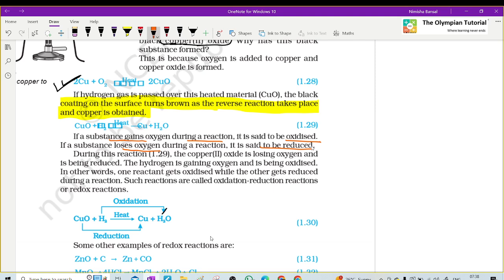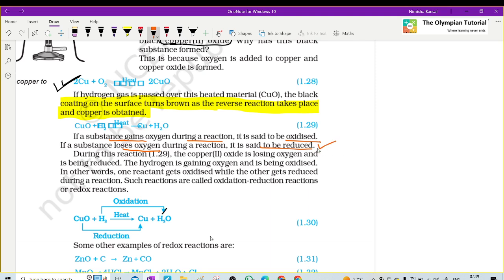If a substance gains oxygen during a reaction, it is said to be oxidized. If a substance loses oxygen during a reaction, it is said to be reduced.